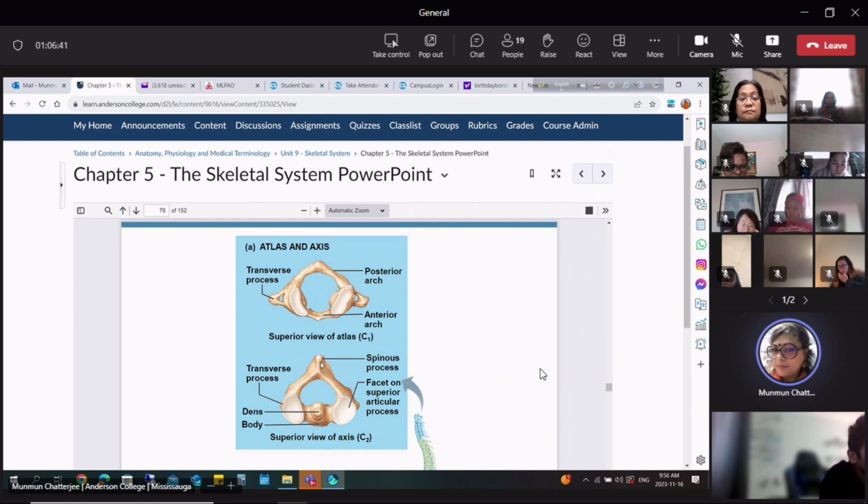This process, like a knife, goes in and cuts your spinal cord. That's why you die immediately. How is that possible, when the intervertebral disc is there? It can go there and cut the spinal cord. So when somebody is hanged, it happens like that. This is the spinous process.